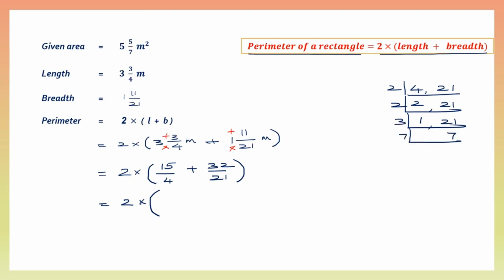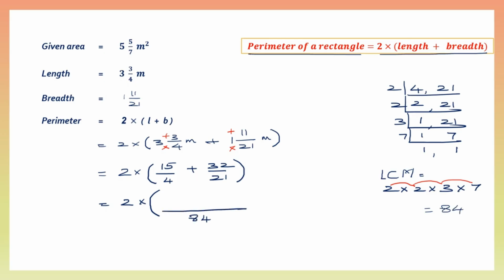And now we can use 7. So that is 1 and 1. So what is our LCM? Our LCM is 2 into 2 into 3 into 7. 2 twos are 4, 4 threes are 12, 12 sevens are 84. So the LCM here is 84.